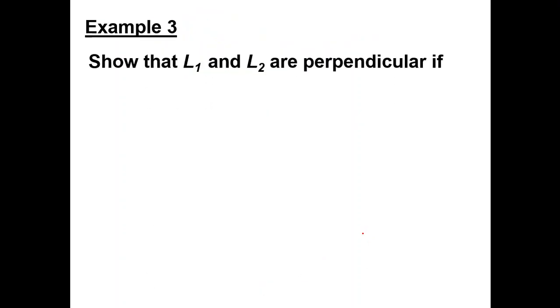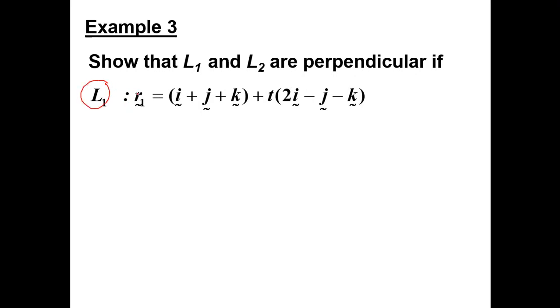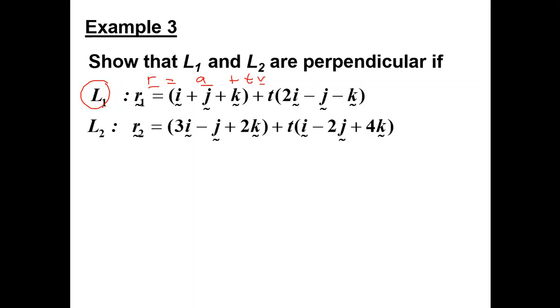For example 3, show that L1 and L2 are perpendicular, given L1: R equals A plus TV, a vector equation for line L1. L2, same thing: R equals A plus TV.